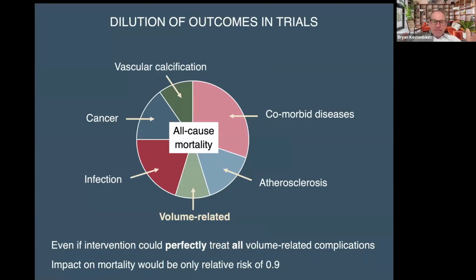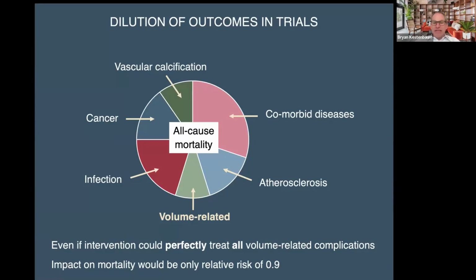that you have an intervention, in this case, ultrasound, that's focusing on volume. You really want to focus on things that are directly downstream to that: symptoms, hypertension, heart failure, things that would respond directly. If you look at something like all-cause mortality as an outcome, well, there's so many things that affect all-cause mortality. Even if you had a treatment that perfectly reduced extracellular volume back to normal, the most that treatment could contribute to an all-cause mortality outcome might be a relative risk of, say, 0.9.